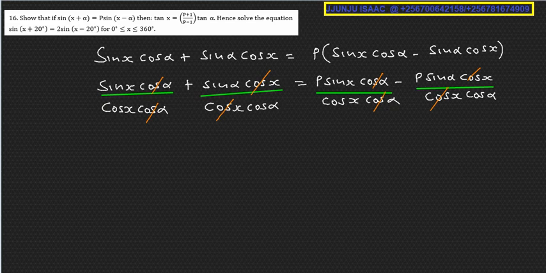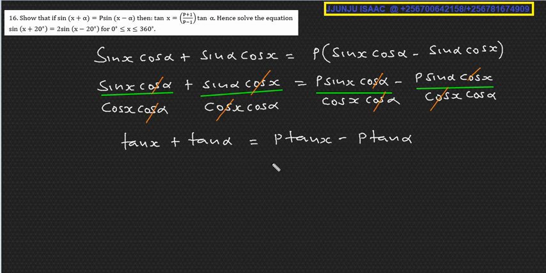So let us now find what remains. We have tan x plus tan α equal to p tan x, and here minus p tan α.